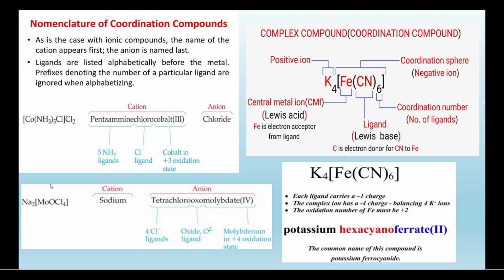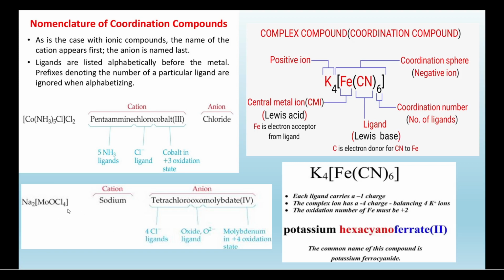Then we can move on to one more example. Here we take an example of the respective sodium compound. First, sodium is the cation, and the anion has chloro and also molybdate, the metal ion.